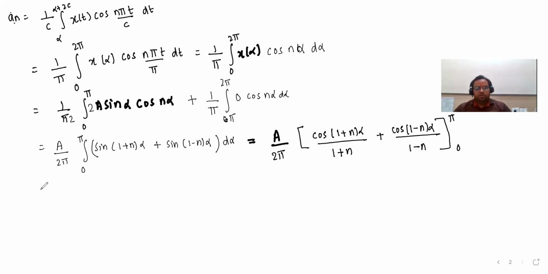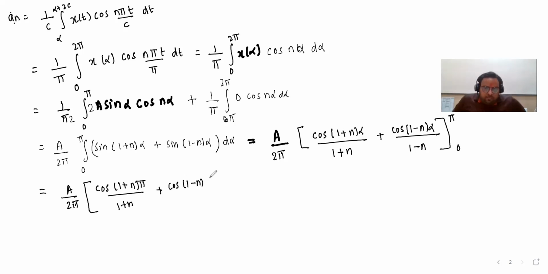So we have here a divided by 2 pi. Now we'll just substitute the limits here. The first limit that we substitute will be cos (1 plus n) pi divided by 1 plus n, plus cos (1 minus n) pi divided by 1 minus n.